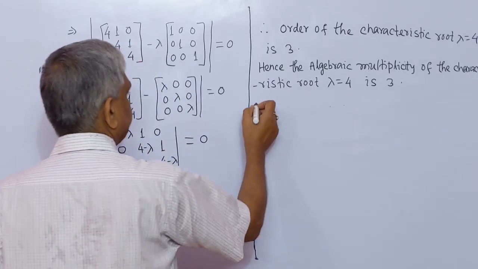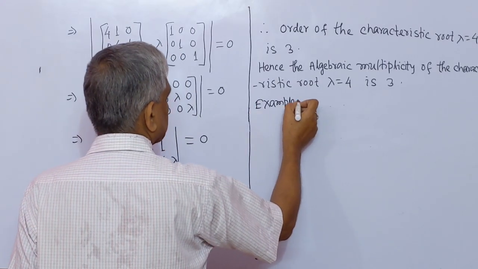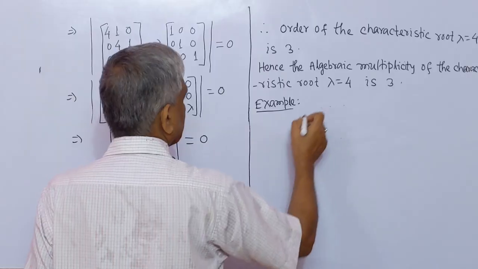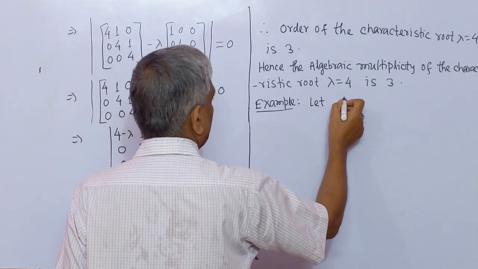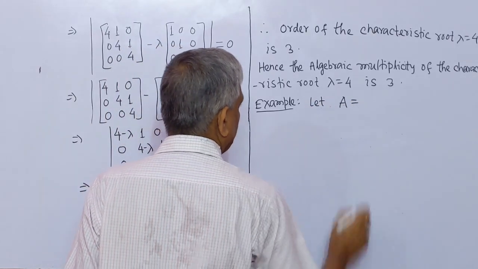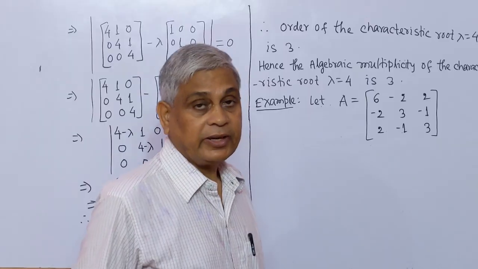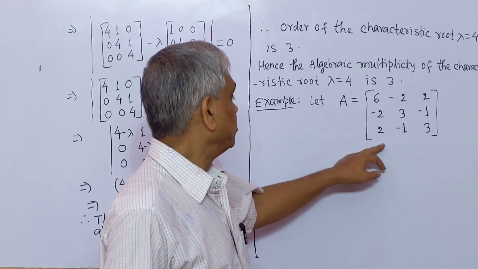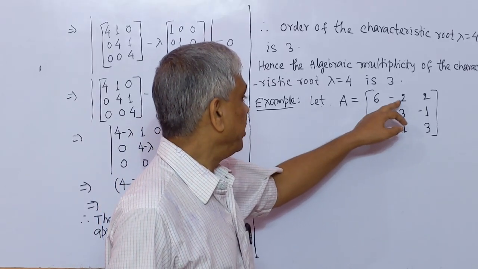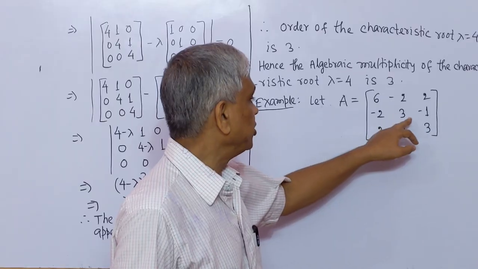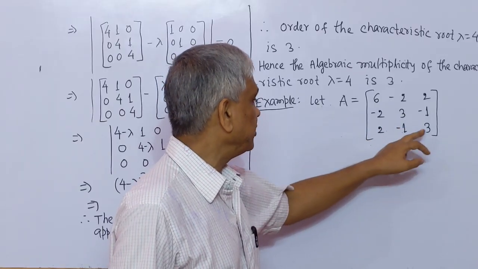Next example. Let matrix A be a 3 by 3 matrix whose elements are 6, minus 2, 2, minus 2, 3, minus 1, 2, minus 1, 3.